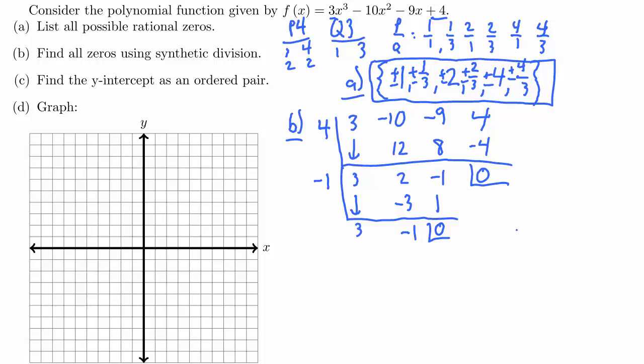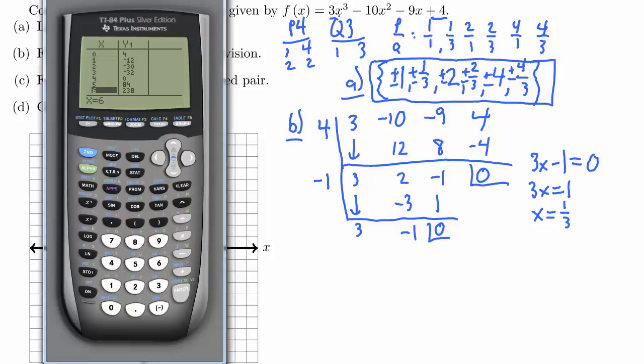As a polynomial, that means 3x minus 1. And if it's a zero, that means that it equals 0, which means I can add 1, which gives me 3x equals 1, and then divide by 3, which gives me x equals 1/3. And that means that 1/3 is also a zero.